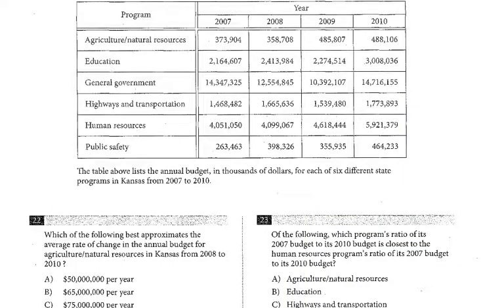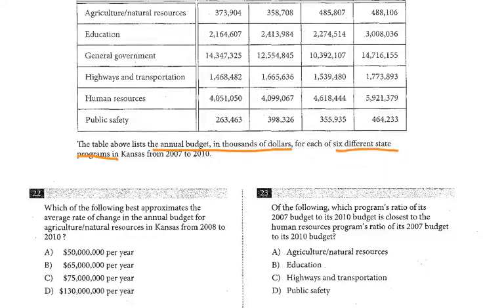For question 22, it's based on this table. The table above lists the annual budget in thousands of dollars for each of 6 different state programs in Kansas from 2007 to 2010. Which of the following best approximates the average rate of change in the annual budget for agriculture natural resource in Kansas from 2008 to 2010?